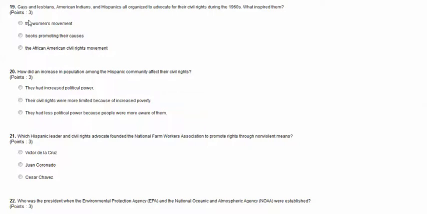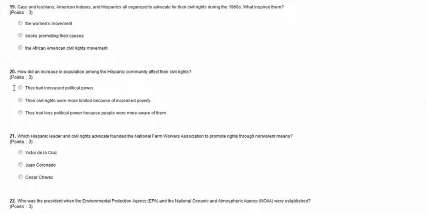Number 19, gays and lesbians, American Indians, and Hispanics all organized to advocate for their civil rights during the 1960s. What inspired them? The women's movement, books promoting their causes, or the African American civil rights movement? Number 20, how did an increase in population among the Hispanic community affect civil rights?